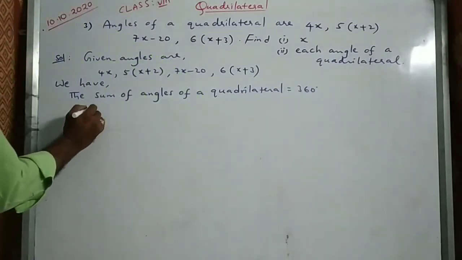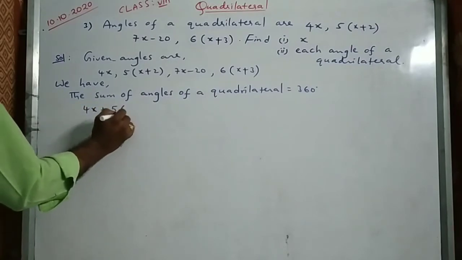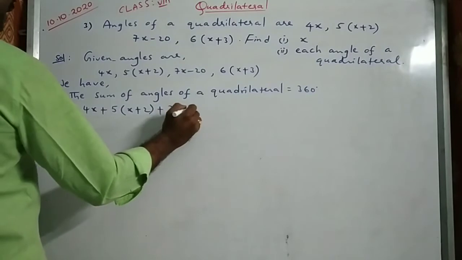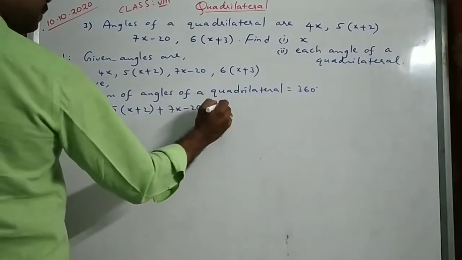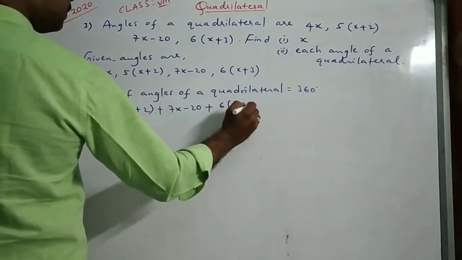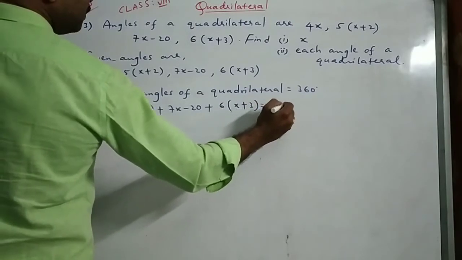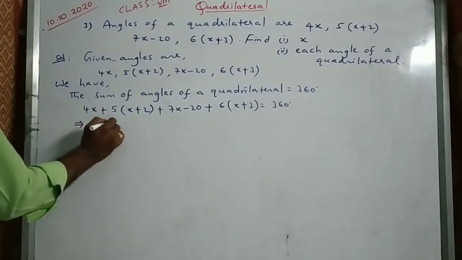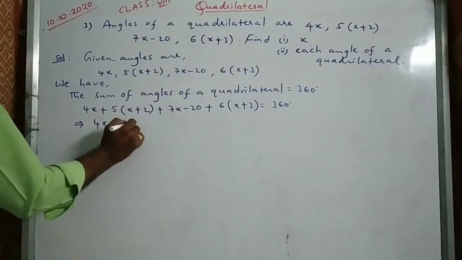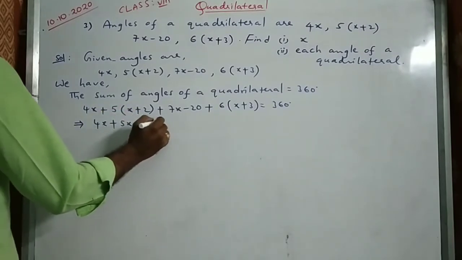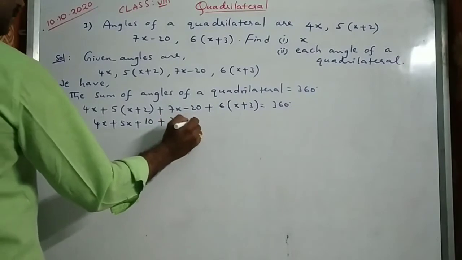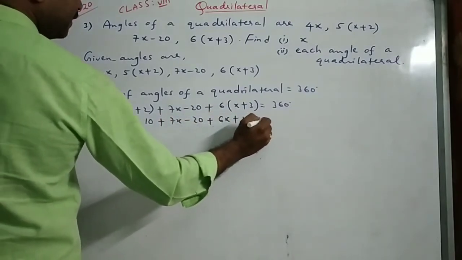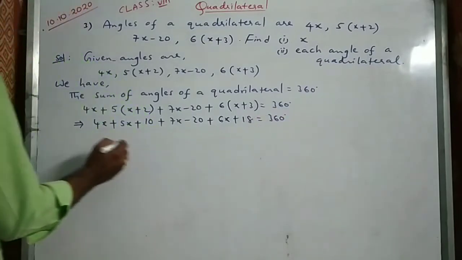So add them. 4x plus 5 of x plus 2 plus 7x minus 20 plus 6 of x plus 3 equal to 360. So 4x plus 5x plus 10, 7x minus 20, 6x plus 18.